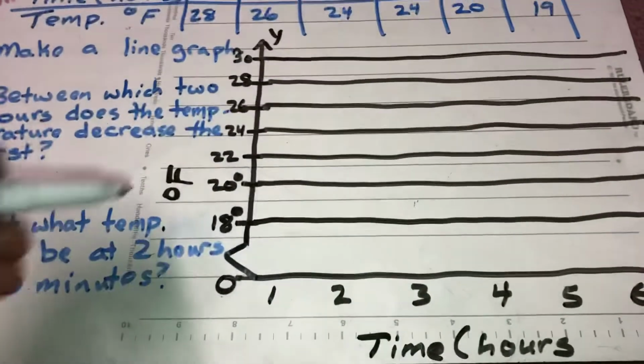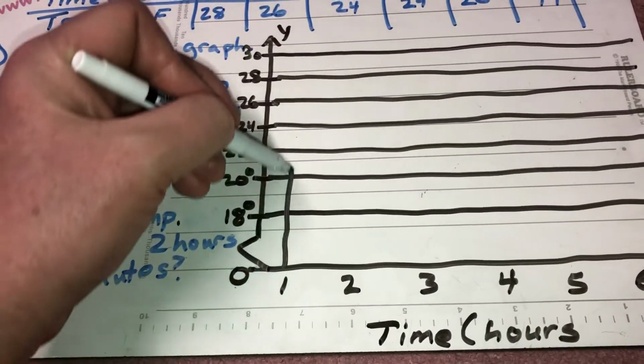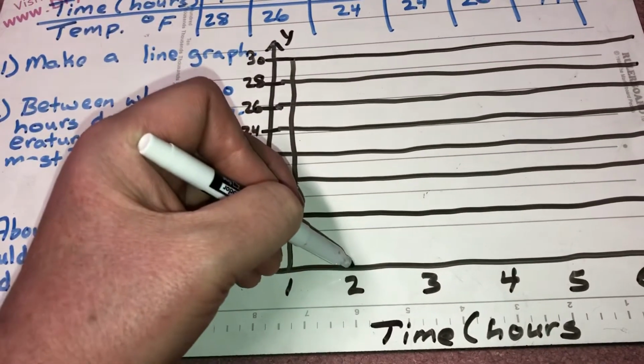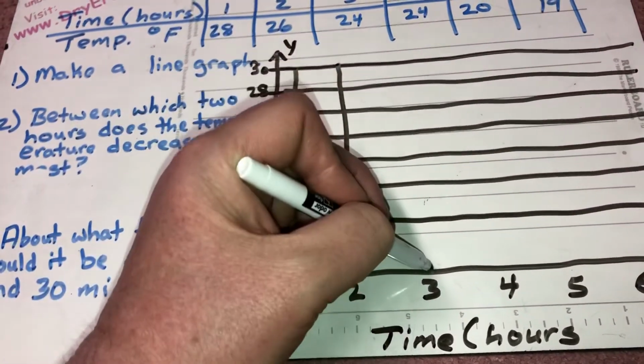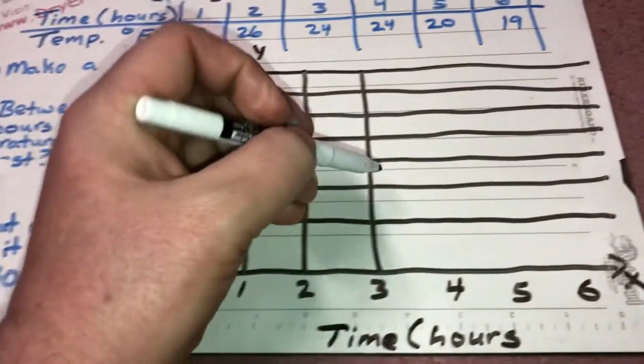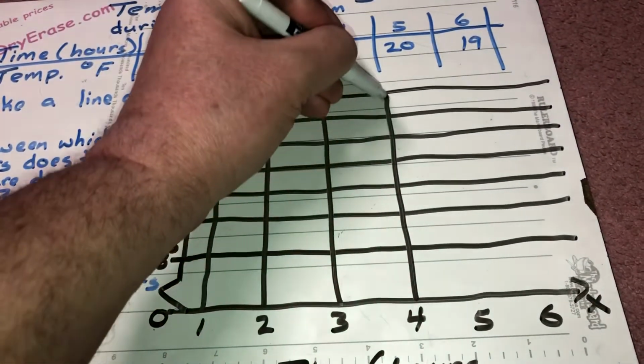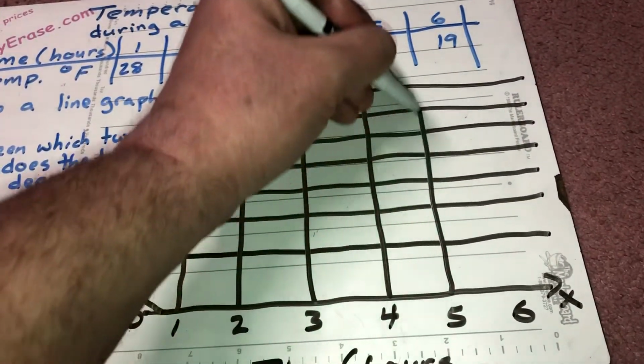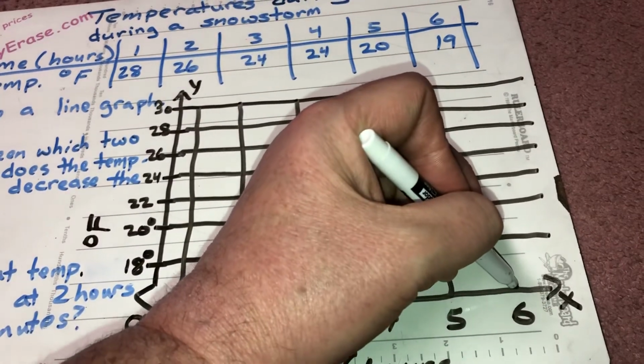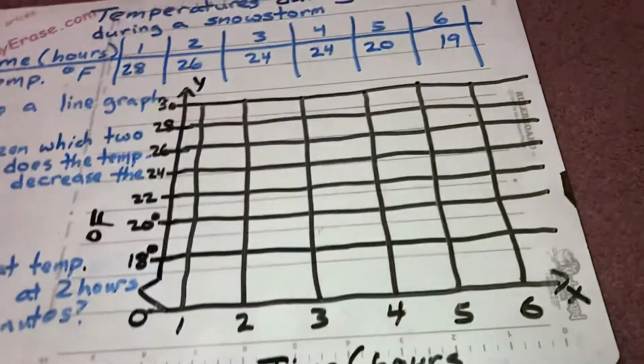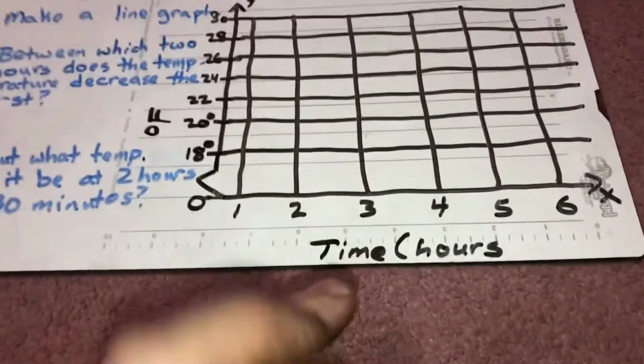And I'm going to go ahead here with my 1 straight up, 2 straight up, 3 straight up, 4 straight up, 5 straight up, 6 straight up. Okay? Time in hours.